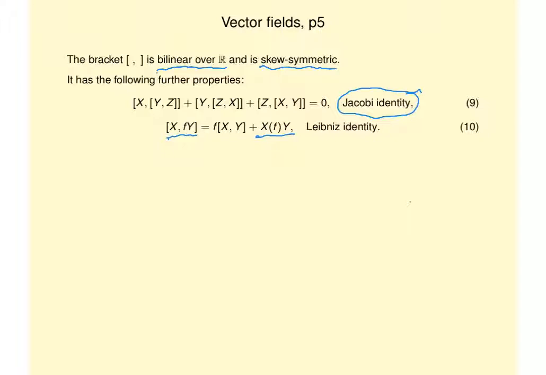These are easy to prove. I'll outline the proof of Leibniz. What's necessary is to apply both sides of the equation to an arbitrary function g. So I take a smooth function g on M and I apply the left-hand side to it.